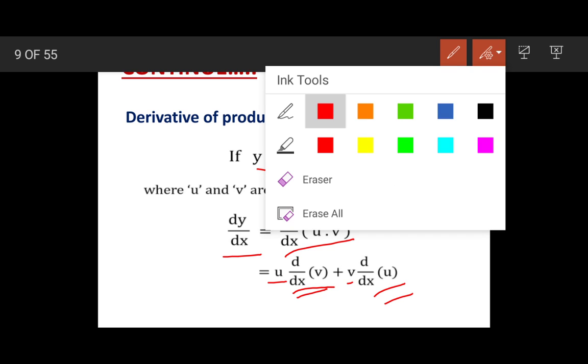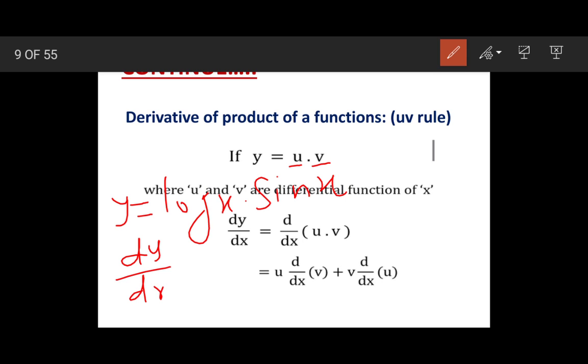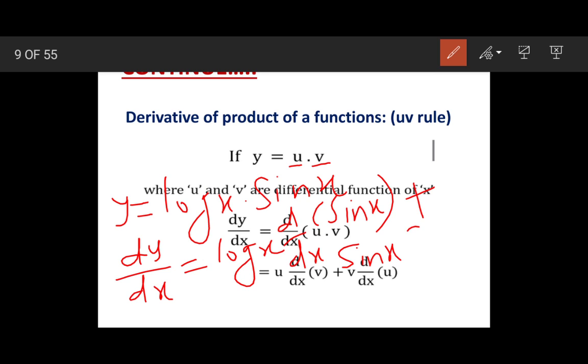Now let's see the example for this. Suppose y is equal to log x into sin x. Now log x is u, sin x is v. Now to differentiate this, dy upon dx will be log x as it is, then we have to find derivative of sin x, plus sin x as it is, and we have to take derivative of log x.